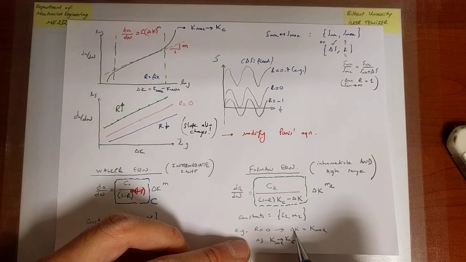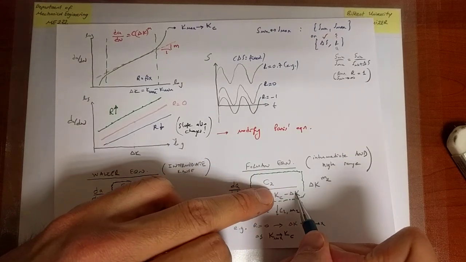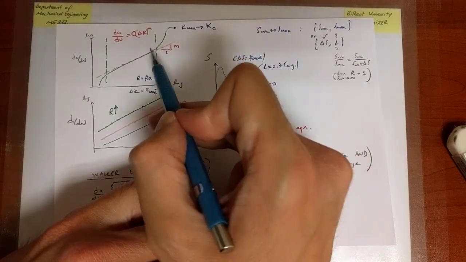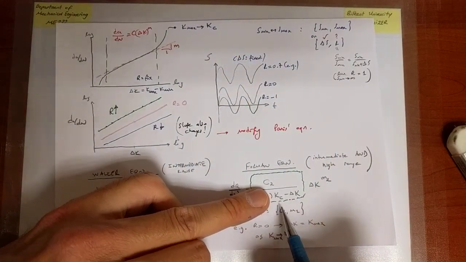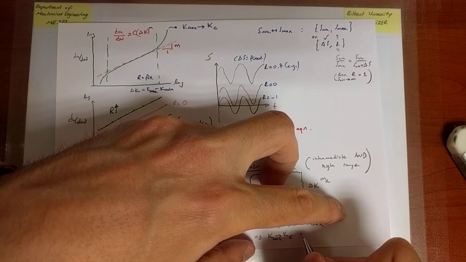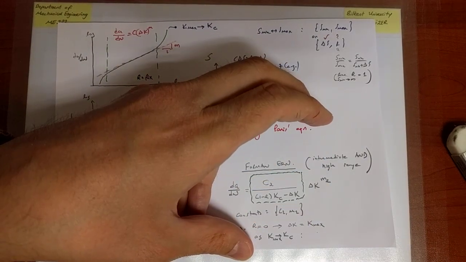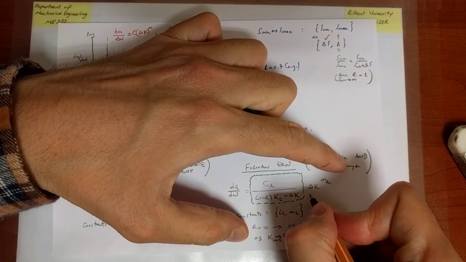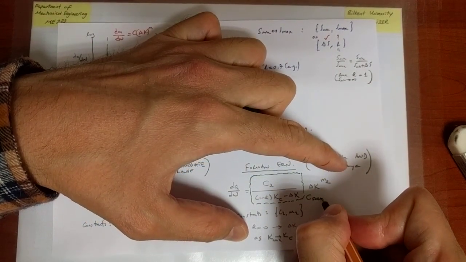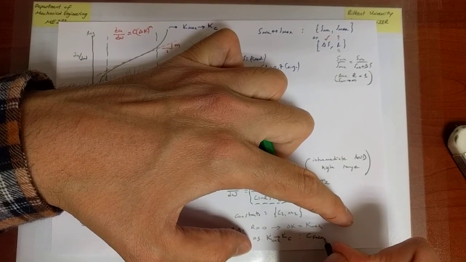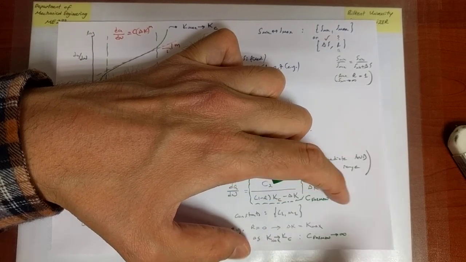So if R is equal to 0, delta K is K max, and as K max approaches the value of Kc, what happens is that this factor, let's call it C Foreman, goes to infinity.